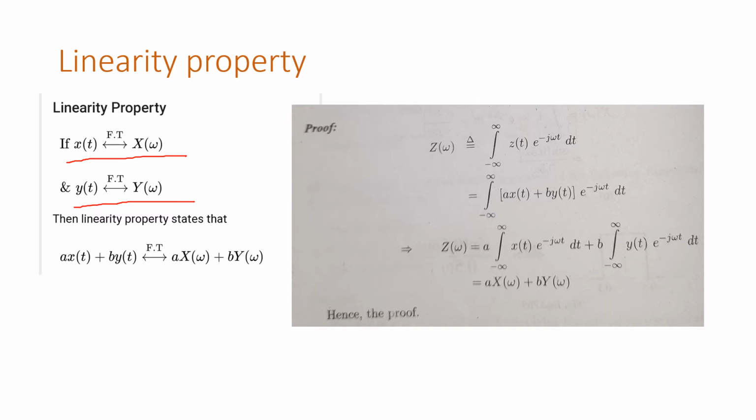Linearity property states that when the Fourier transform is applied to the sum of two signals, we get the respective sum of the individually performed Fourier transforms of the signals as shown here.